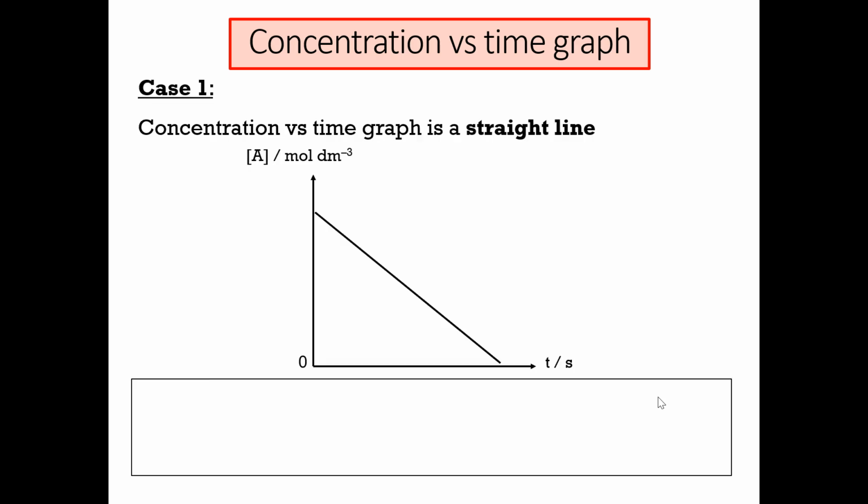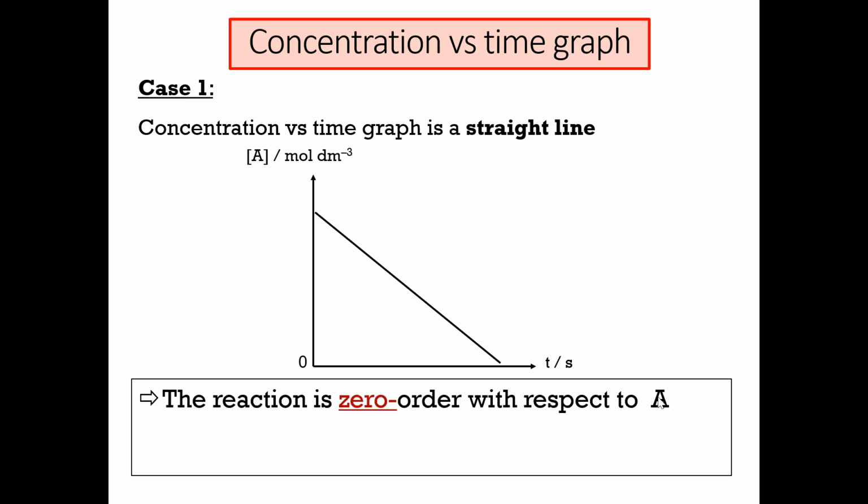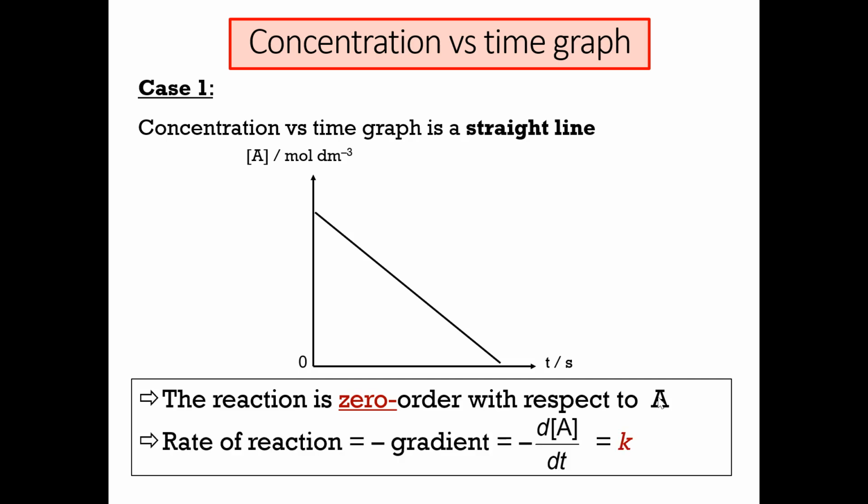The first scenario that we might see when we plot a concentration time graph is that we get a straight line. It's good news, because if you get a concentration of reactant versus time graph in a straight line form, it is a clear sign that it is zero order with respect to A, meaning the rate of reaction is independent of the concentration of A. So if you want to find the k value, the k value of your rate equation will be the negative of the gradient of this straight line.